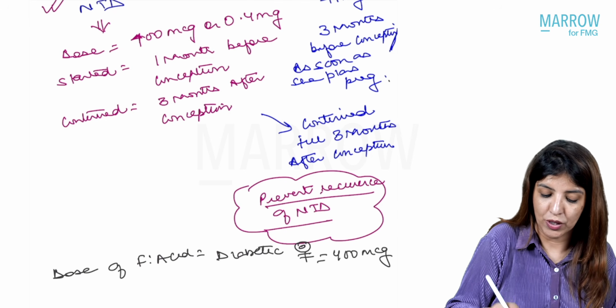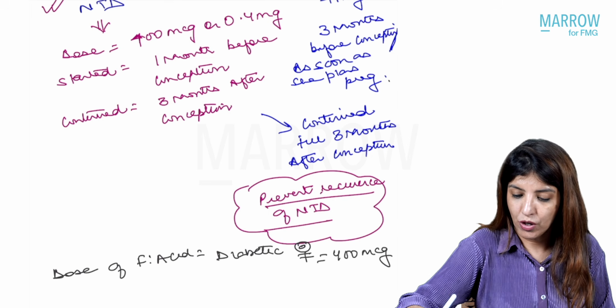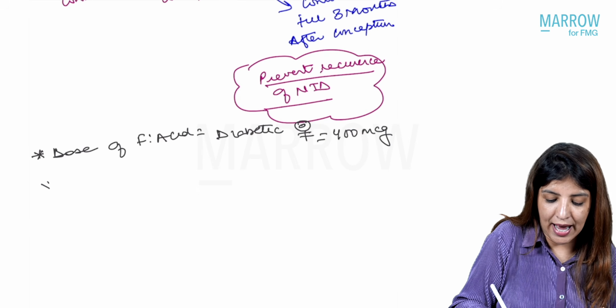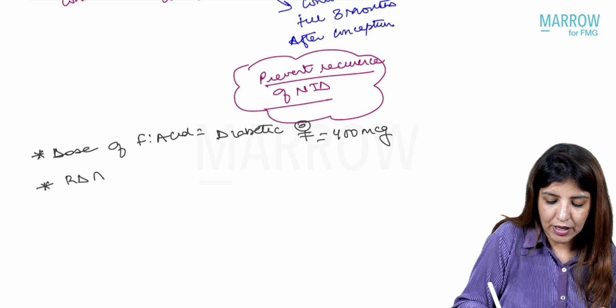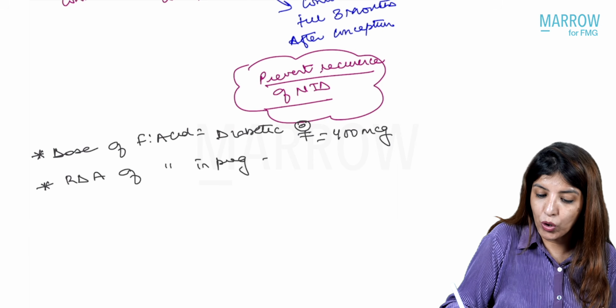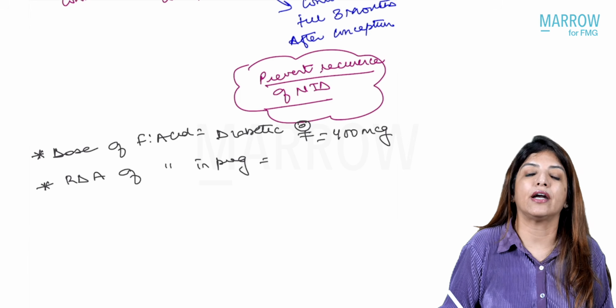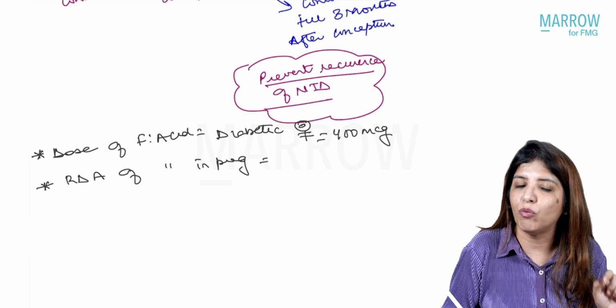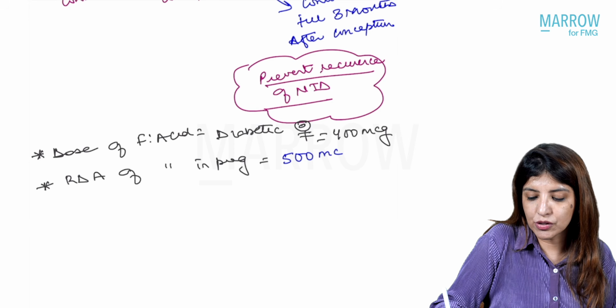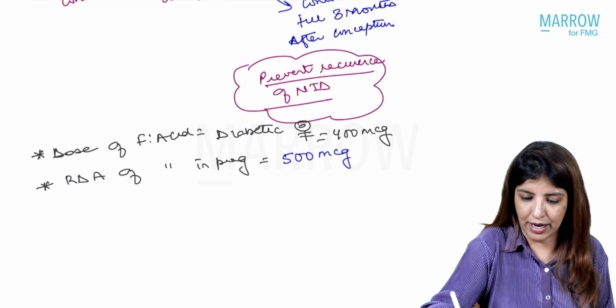Number 2, if they ask you what is the RDA of folic acid in pregnancy, what do you understand by this? RDA is recommended daily allowance of folic acid in pregnancy. Then your answer is 500 micrograms.